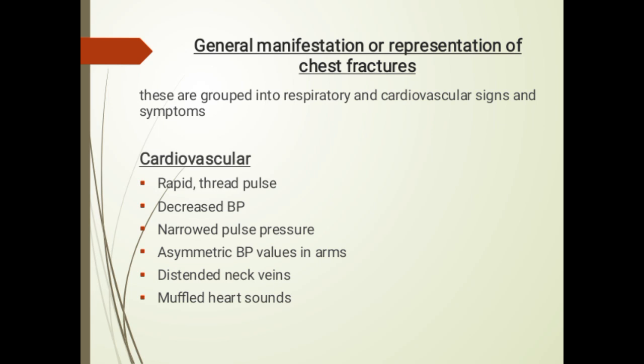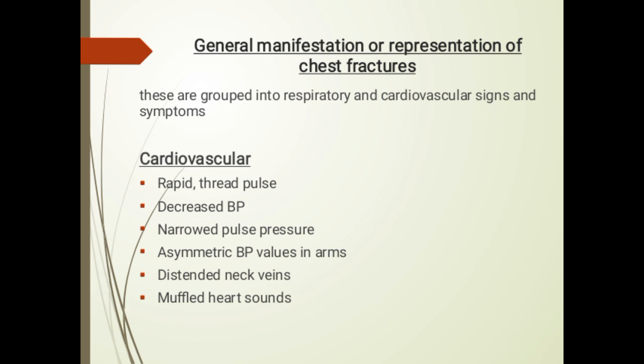So we have the general manifestation and presentation of chest fracture. They are grouped into two: respiratory and cardiovascular. When you say cardiovascular, it has to do with the heart and other vital organs.